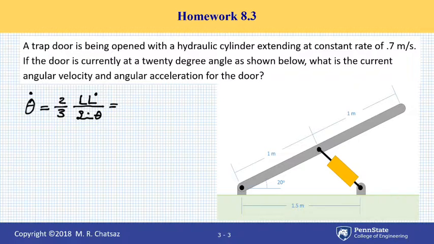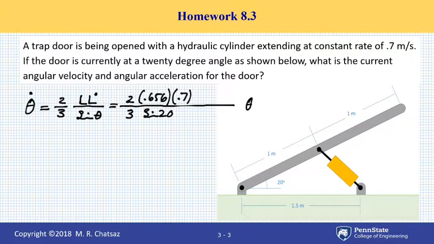Continuing with numerical values, we have 2 times the length, which was 0.656, and then L dot is given as 0.7 meters per second, divided by 3 sine of 20 degrees.